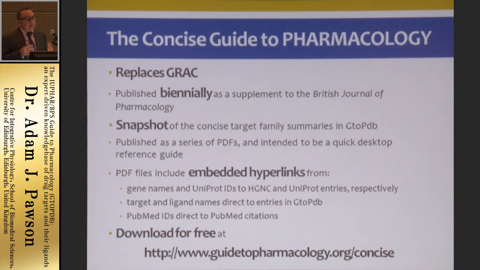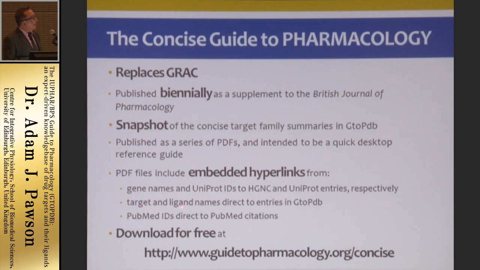The Concise Guide to Pharmacology is published directly from the database. This allows the publishers to include all the embedded hyperlinks in the PDF files. All the gene names and the UniProt IDs link to the corresponding pages on the HGNC website or the UniProt website.